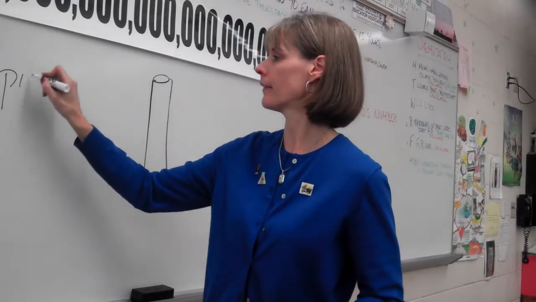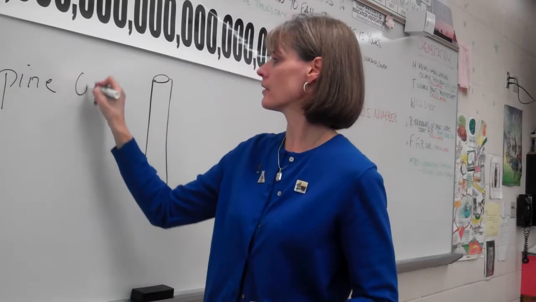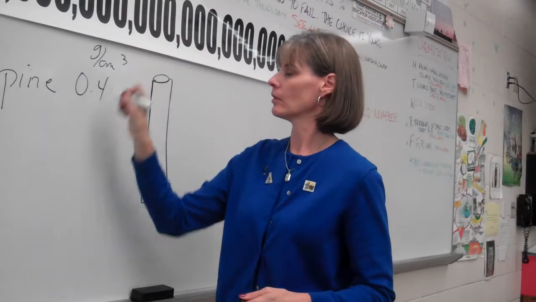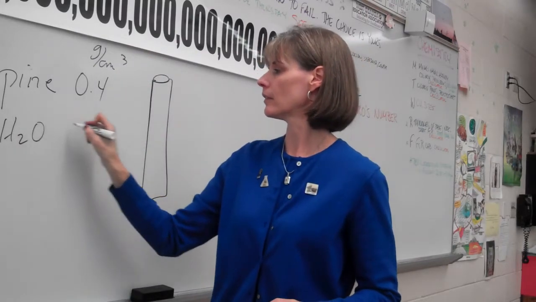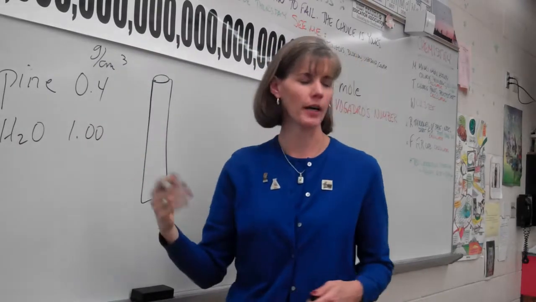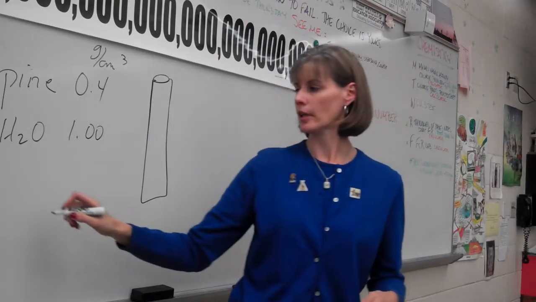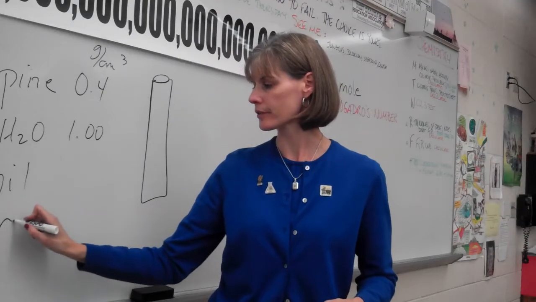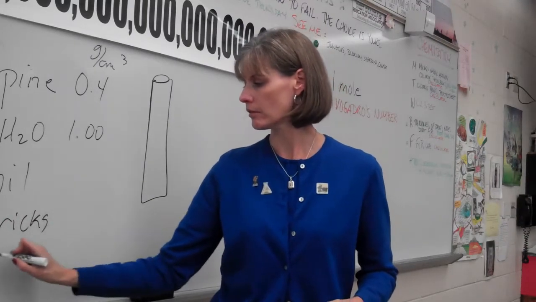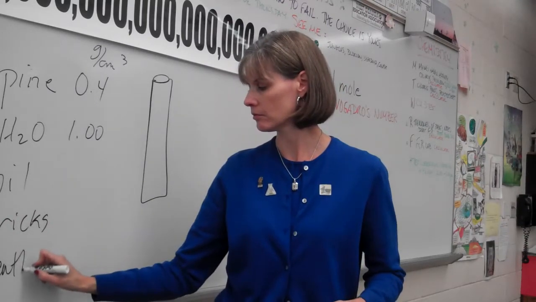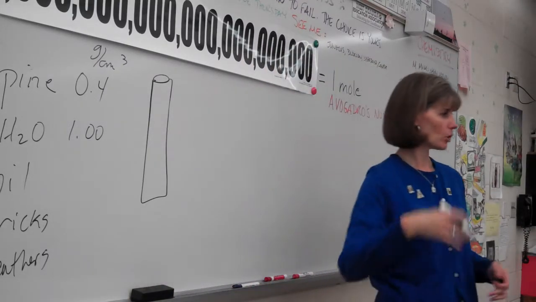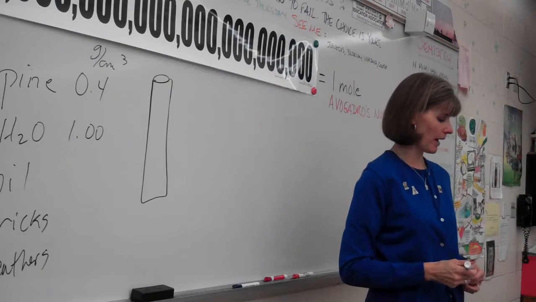Pine is 0.4. These are all in grams per centimeter cubed. Water, 1.00 grams per centimeter cubed. Oil, bricks, feathers, sodium chloride, whole bunch of different things, probably about a dozen or so.